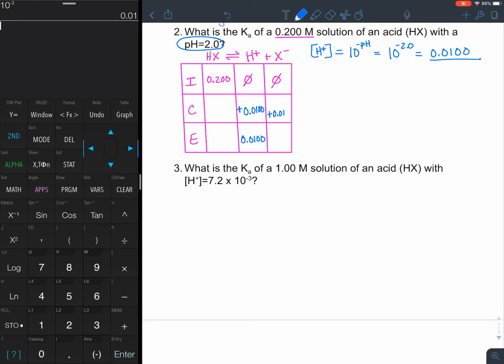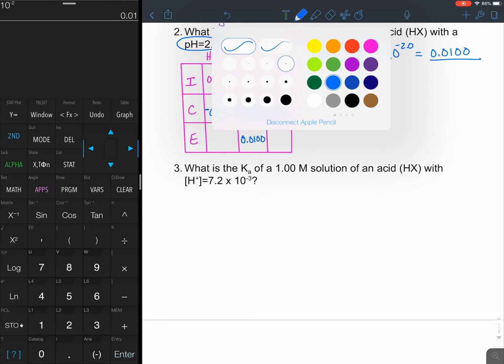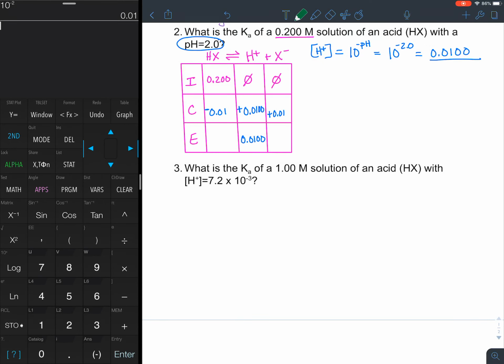I'm going to go ahead and knock off the other zeros because I'm running out of room there. That means that that had to come from this other side, so we have to take away 0.01 over on this side. To find out what we have at equilibrium, we're going to add the initial and the change together.